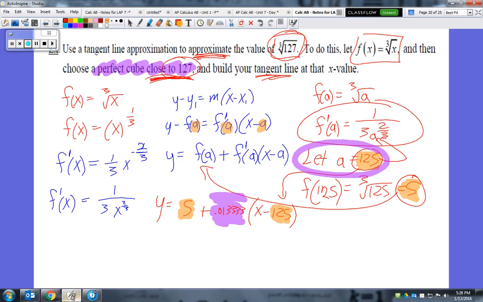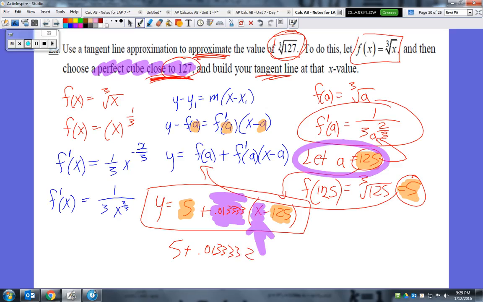Alright, so what are we going to do with this? Now that I have my linearization, or tangent line approximation, I can plug in the 127 right here. So 127 minus 125 is going to end up as 2. So it's basically 5 plus 0.013333, multiplied by 2.